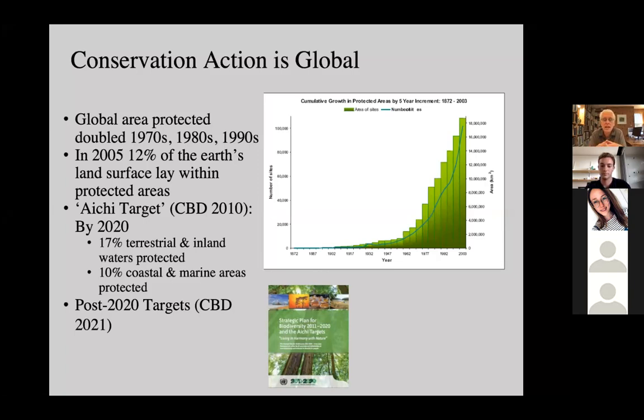In 2010, the convention set a target at its meeting in Aichi in northern Japan to have 17% of the terrestrial and inland waters protected by 2020 and 10% of coastal and marine. They didn't quite get there, but it's been a remarkable process. And at the meeting in China later this year, they're going to set even stiffer targets for the period post-2020. So international effort focused, biodiversity surely saved.